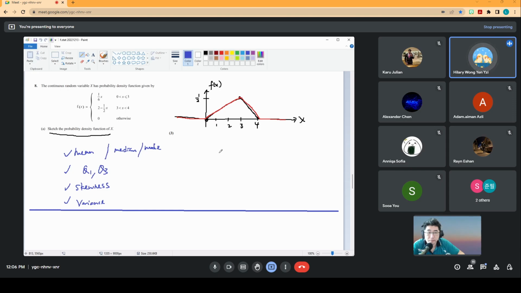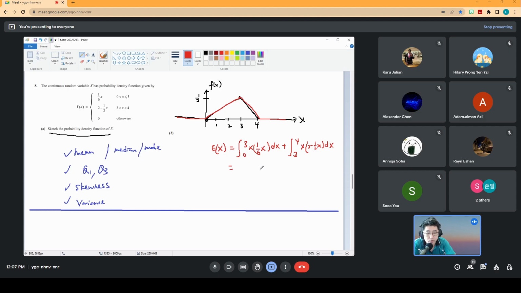I did the expected value formula for 1 over 6 from 0 to 3, and then I plus the other expression from 3 to 4, and I got 7/3. That's x of 2 minus 1/2x dx. Okay, so that means we can actually press inside the calculator immediately.